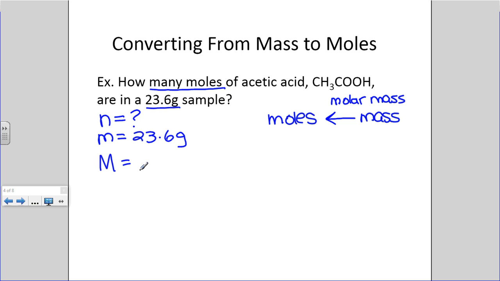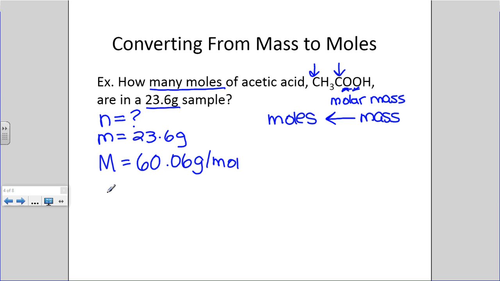So here, my molar mass, when I calculate, should be 60.06 grams per mole. Now looking at the formula, you can see there's 2 carbons. So I have to have the mass of 2 carbons. There's 2 oxygens here, right here and here. And then there are 4 hydrogens. 3 plus 1 is 4. So when we add all that together, it should give us 60.06.